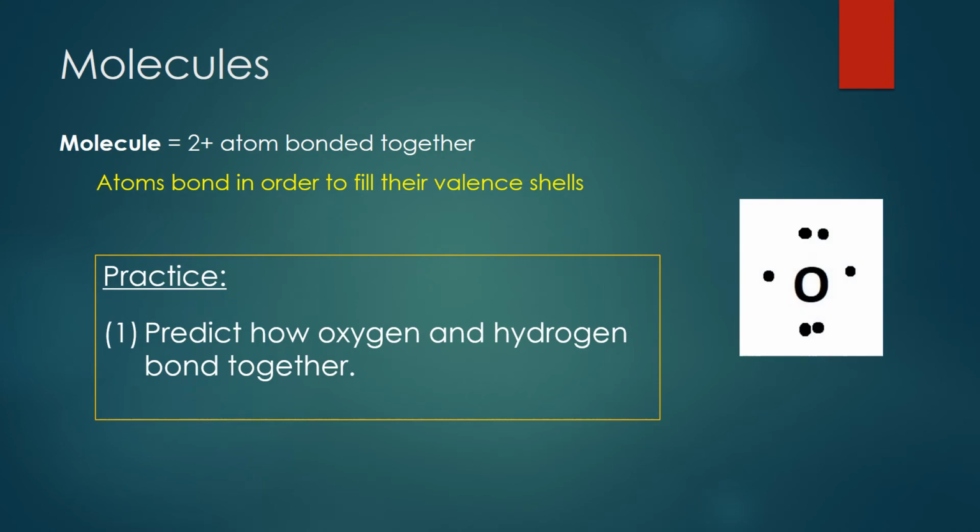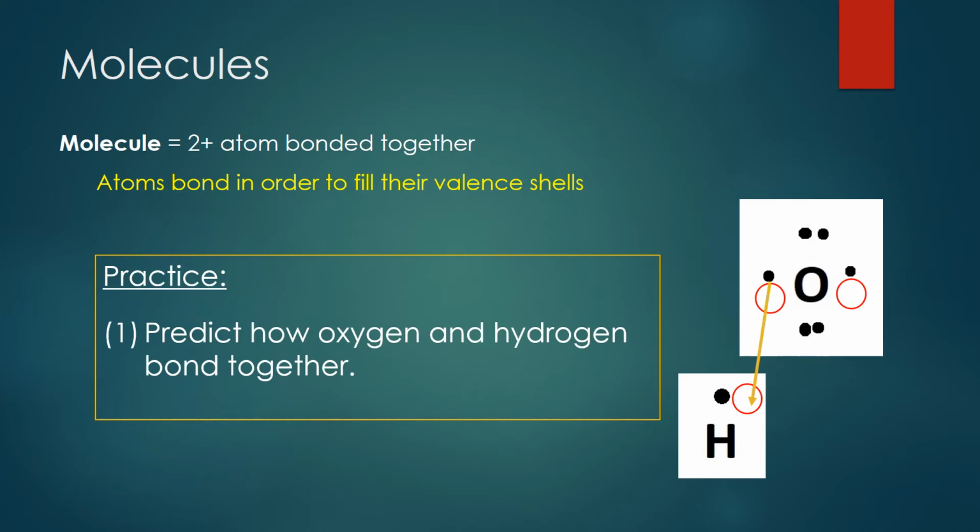Here is our old oxygen dot diagram for its valence electrons. 2, 4, 6 valence electrons with 2 empty spaces where a couple more electrons could come in to fill this valence shell of oxygen. If it was placed in a bucket with a bunch of hydrogens, hydrogen also has an empty space.